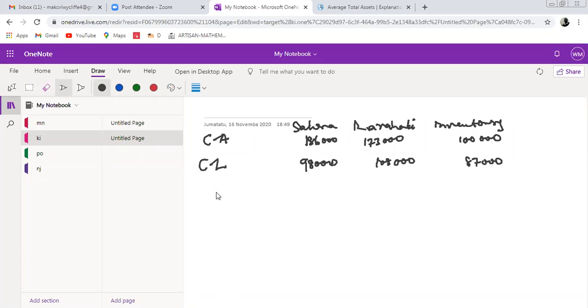So if we were to get the current ratio, which we know is current assets over current liabilities, for Sahara, the current assets are 186,000 over the current liabilities, which is 98,000.